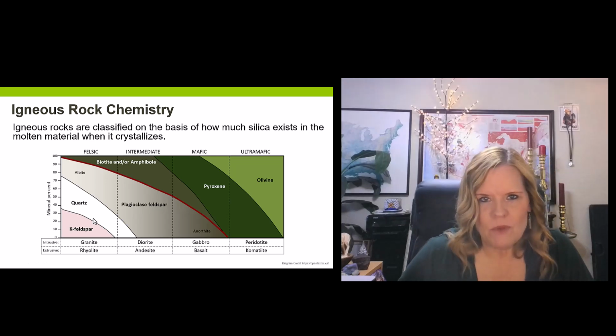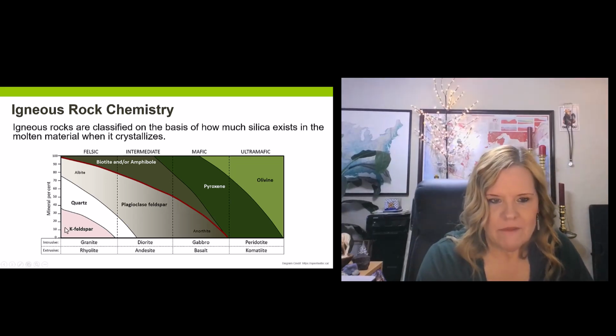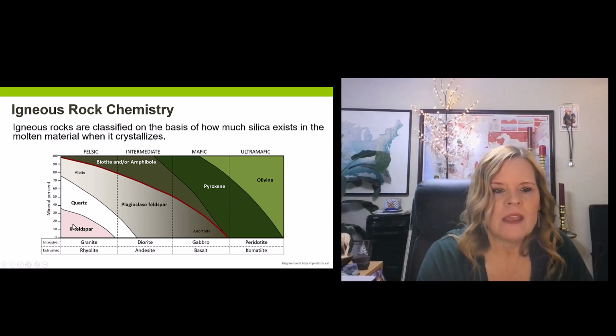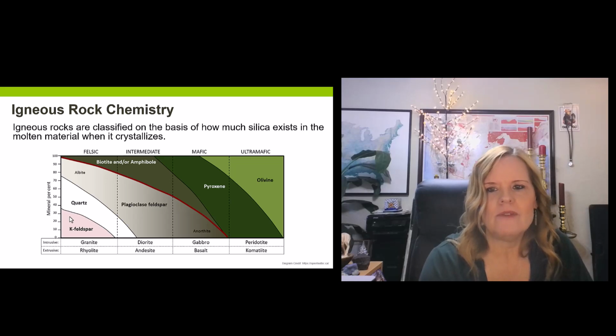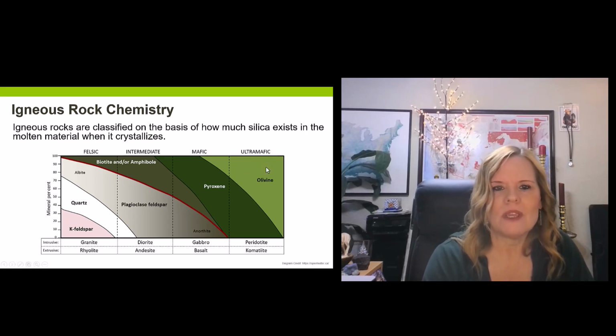For example, potassium feldspar, K for the potassium, and quartz, so most of the percentage is these two minerals. Well, those are very silicate-based minerals. They are very light in color. And as you get into ultramafic, they become very dark, black and green.